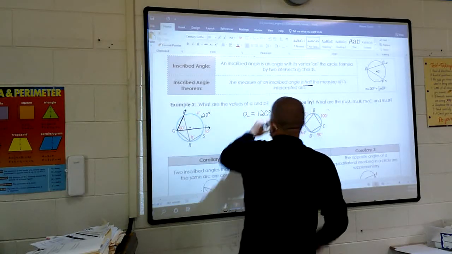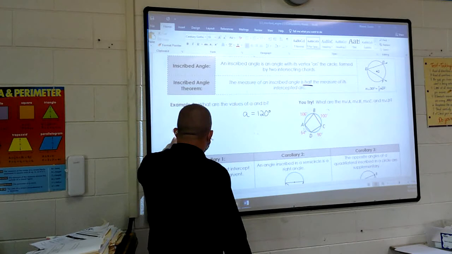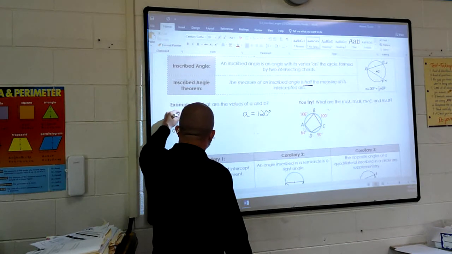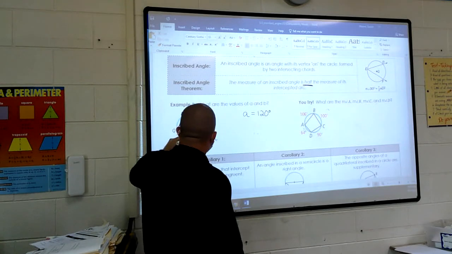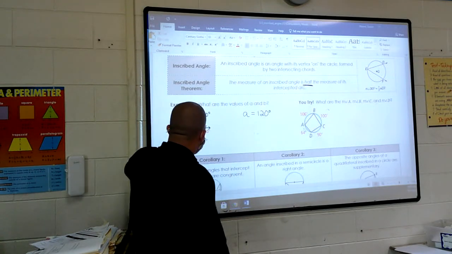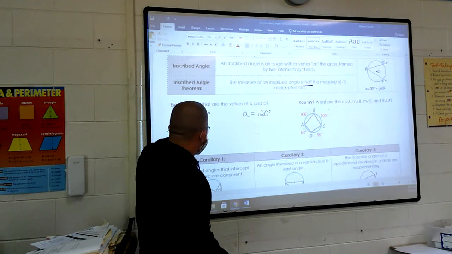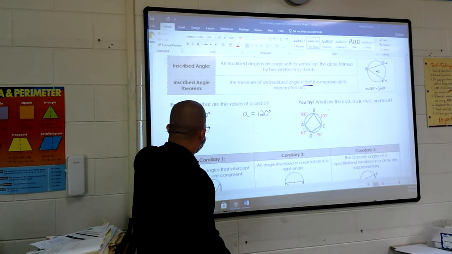Now look at B. Here's angle B. It goes up here and it goes over here. So the arc for B, if you look at its intercepted arc, it goes from here all the way to here. So what's the measure of the arc for angle B?